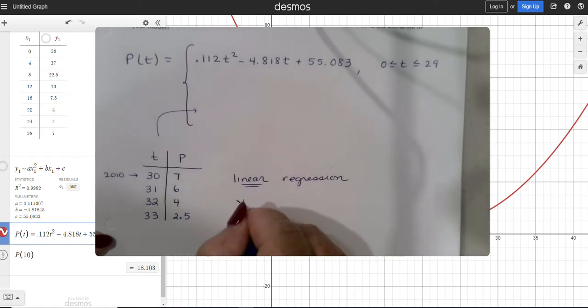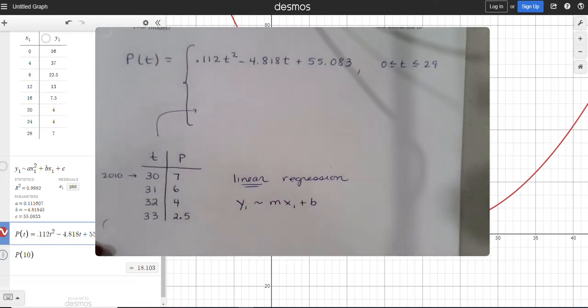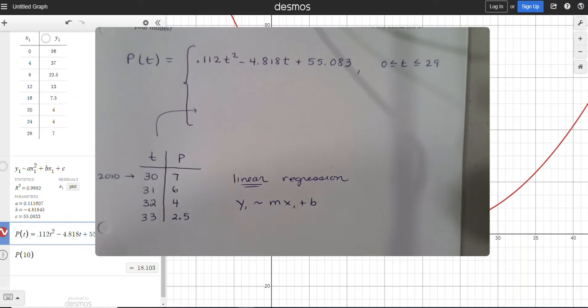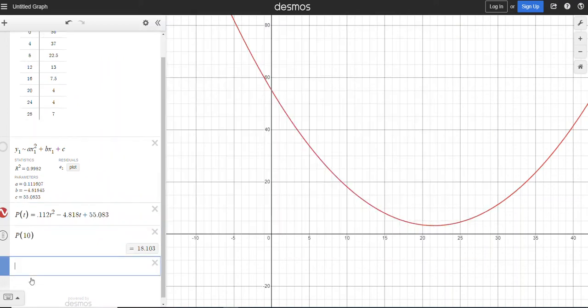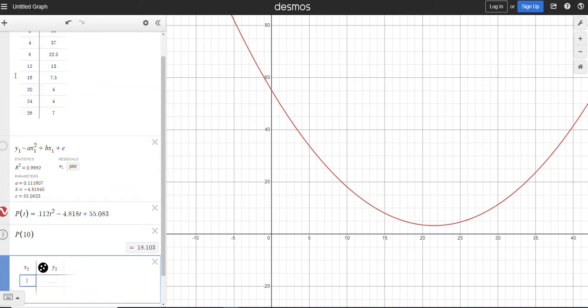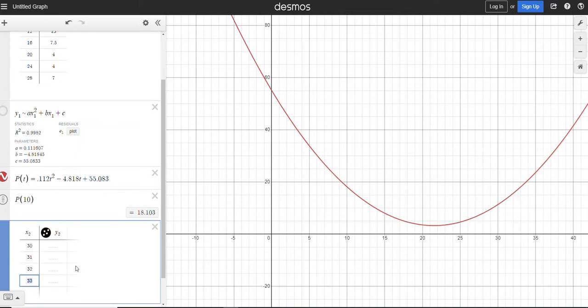So y1 tilde mx1 plus b. So I'm going to make a new table. My inputs are 30, 31, 32, and 33. And then my estimated prices here.